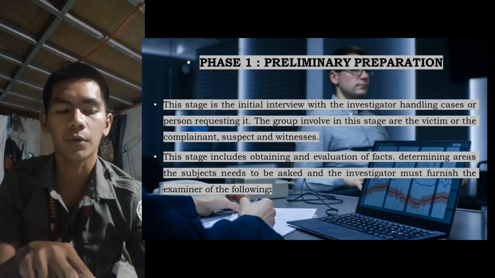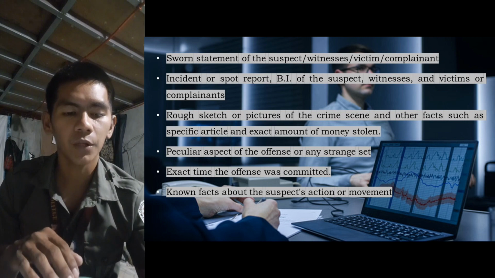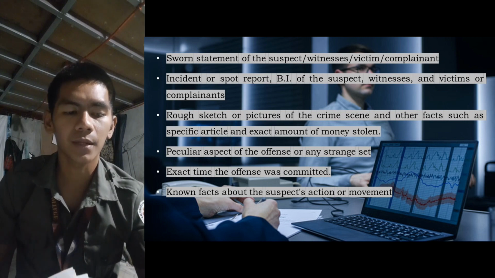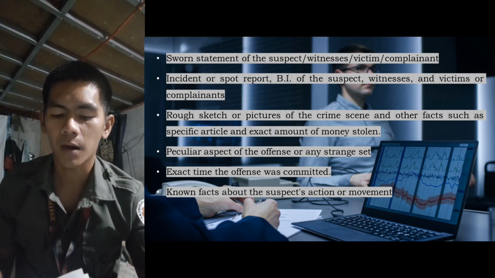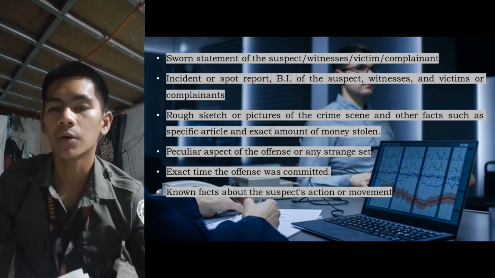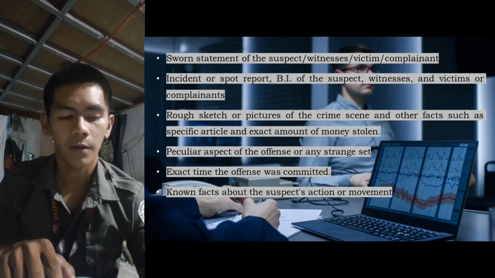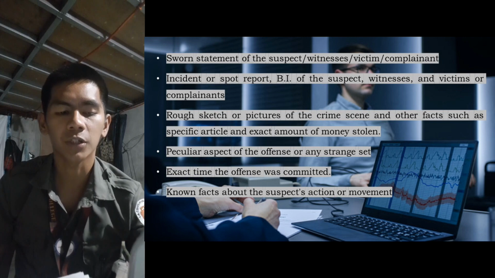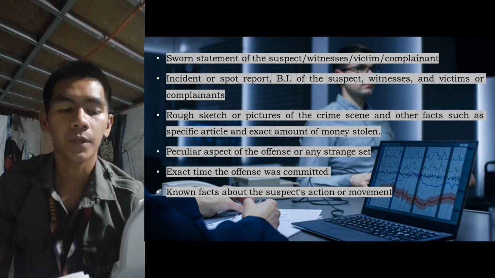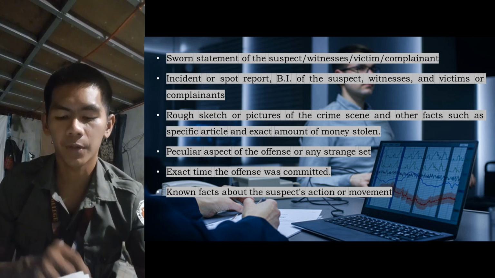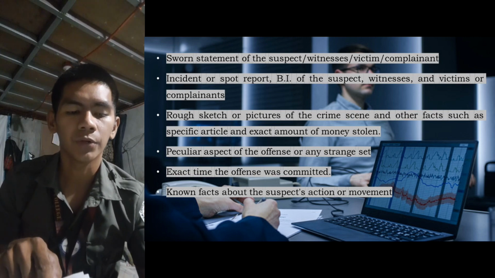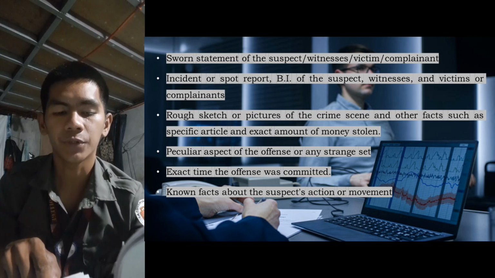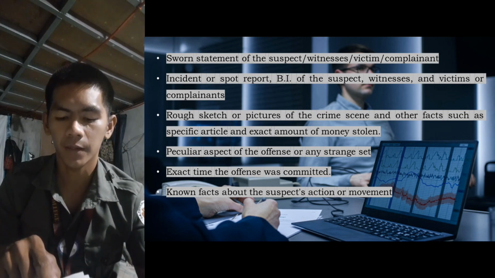Unahin natin yung number 1, sworn statement, the suspect, witness, victim, and complainant. The sworn statement, kung voluntary ba siya or hindi siya pinilit. Pagtapos noon, gagawa siya ng incident or spot report. Number 3, road sketch or picture of crime scene.